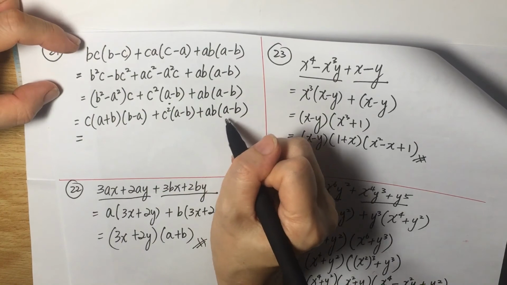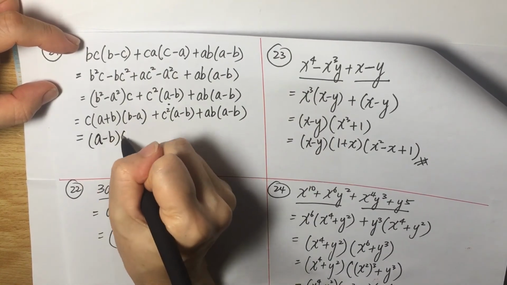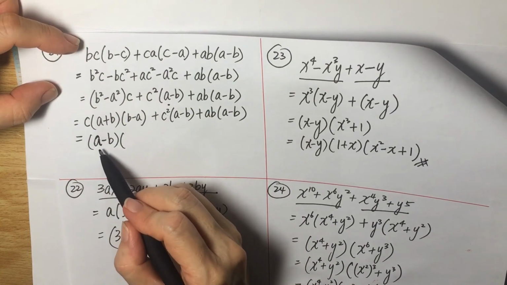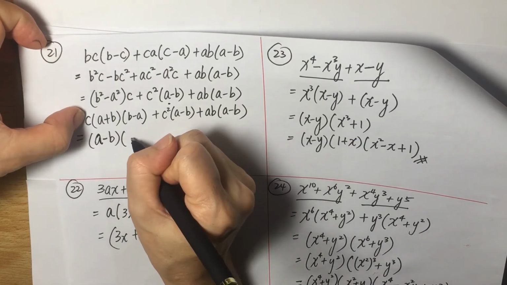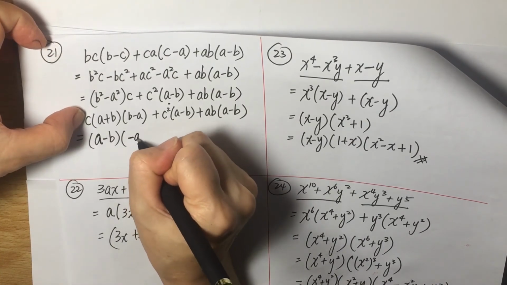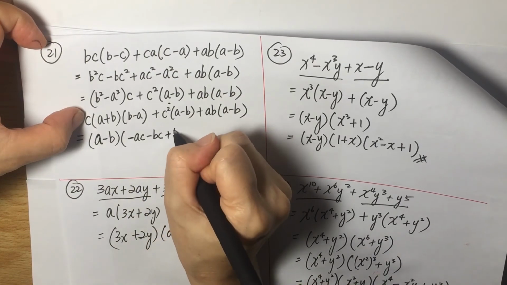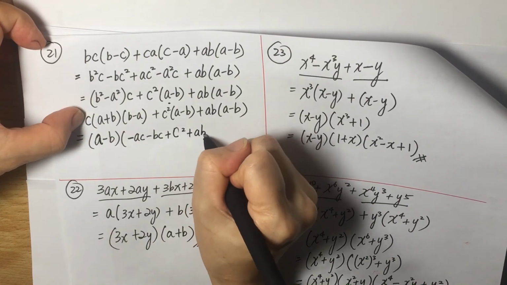A minus B, if I take A minus B as the common factor out, so this is B minus A, but I took A minus B out, so that means I'm going to add a negative sign here. So I have negative AC, negative BC, and then this one is C squared, and then this one is AB.